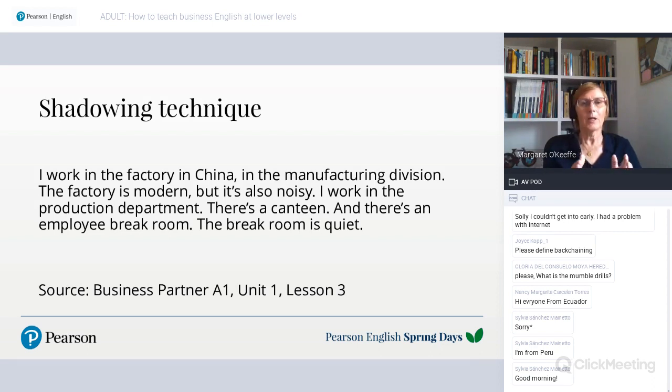Up to 8 to 10 syllables is enough for them. So if the speaker says, I work in the factory in China, then pause there, and then the students repeat that. Then the next part, in the manufacturing division, pause, the students repeat it, and so on. You can go through, break it up and let the students repeat it afterwards.